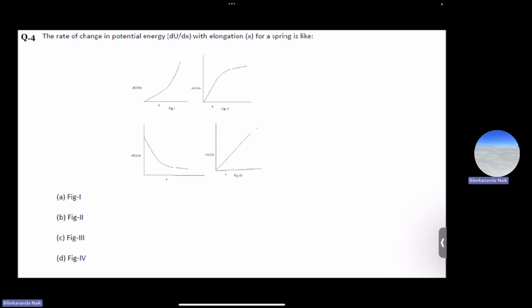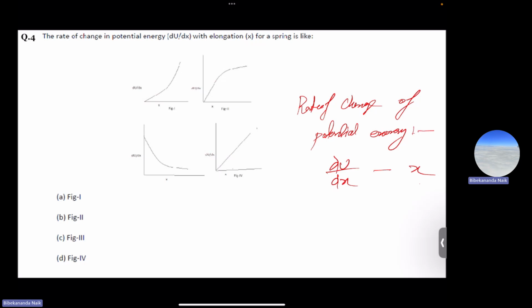Now we move to question number 4. Question number 4 says the rate of change in potential energy with elongation x for a spring is. So suppose there is a spring, the rate of change of potential energy, that is dU by dx, and elongation x.